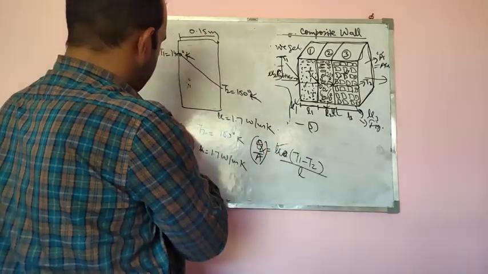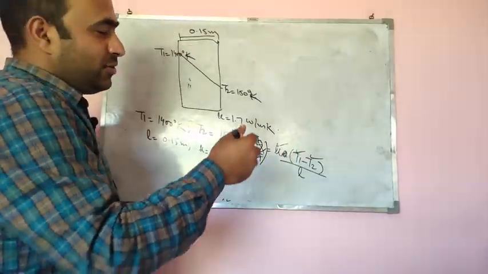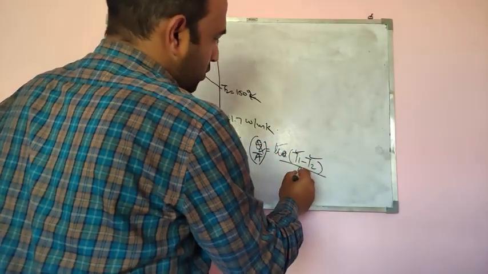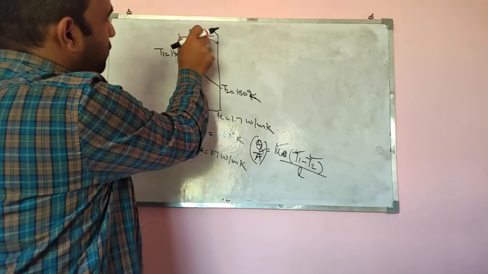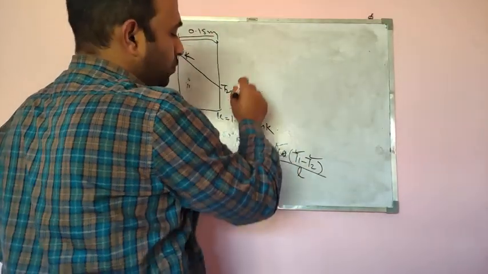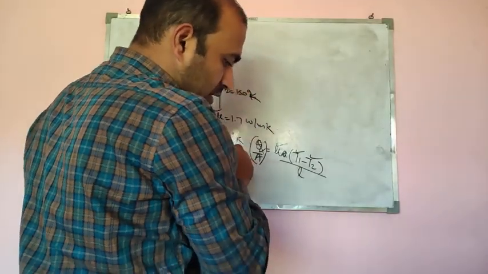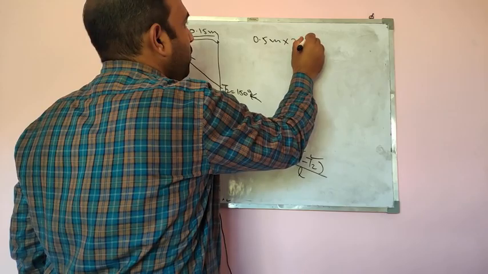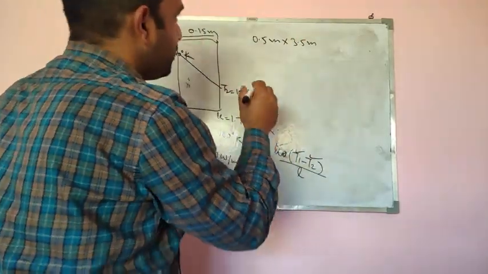So K is given, T1 and T2 are given, and L is also given, that is the heat flow path. So in this problem we have to determine the heat loss through a 0.5 meter by 3.5 meter wall.